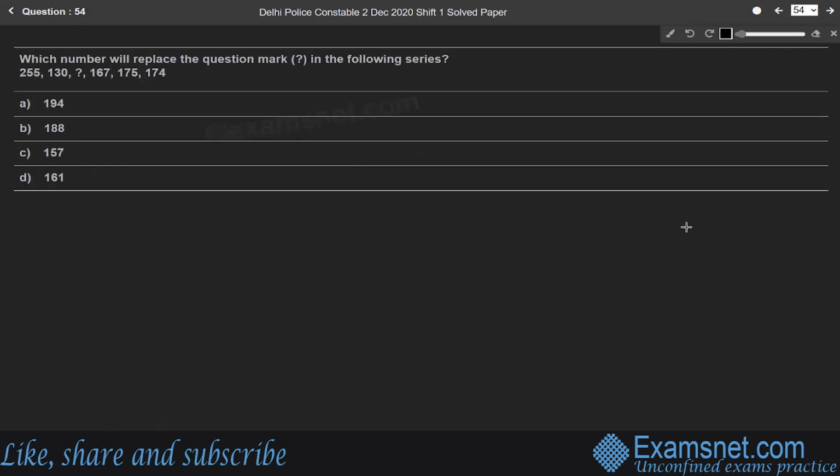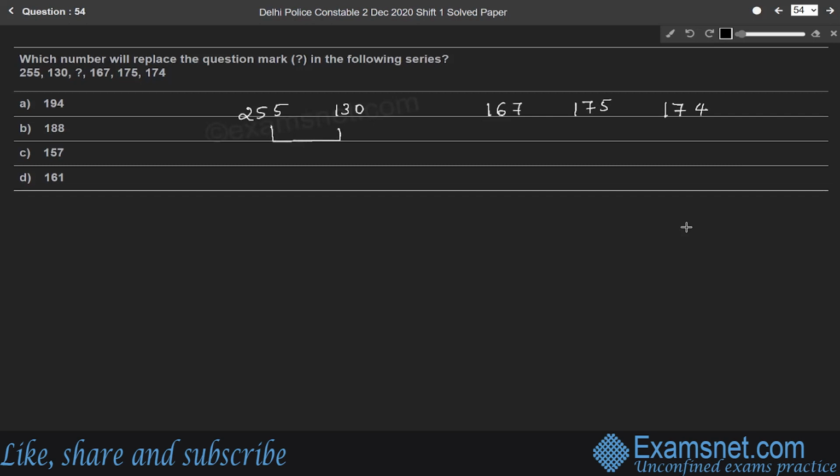Question 54. Which number will replace the question mark in the following series? The series is 255, 130, then we have to find the next number, then 167, 175, and 174. Right? Look at the first and second number.